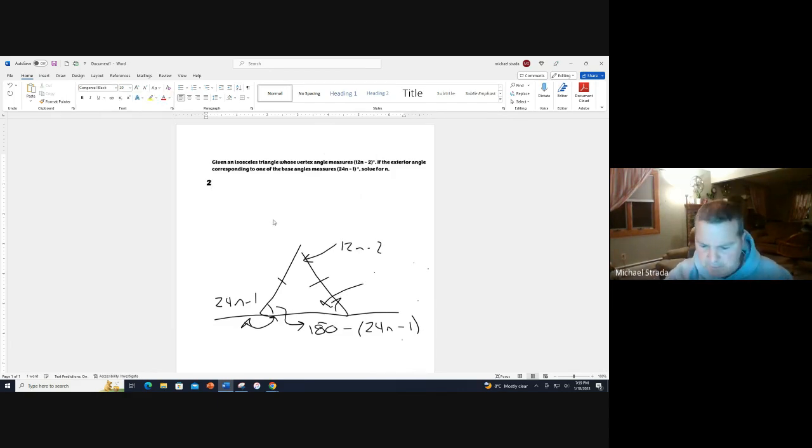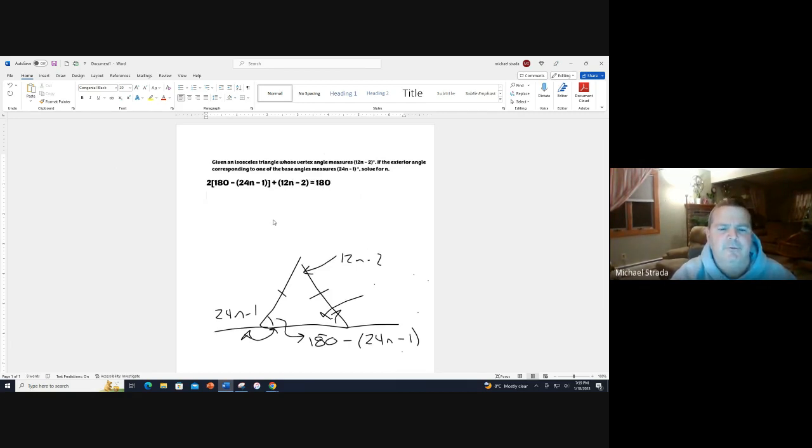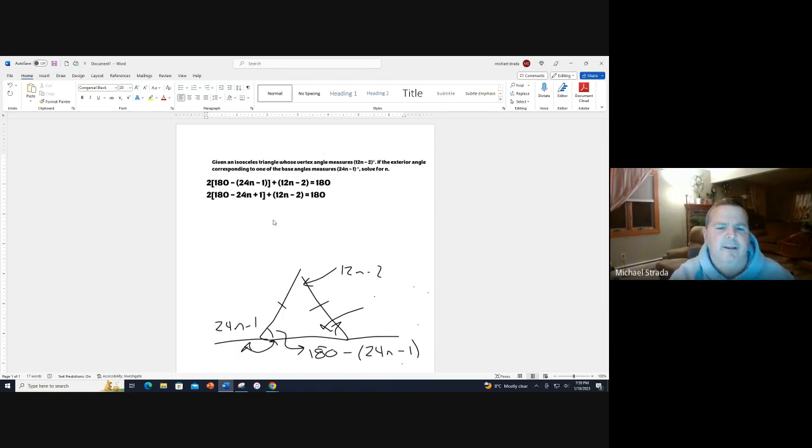So 2 times 180 minus 24n minus 1, plus the vertex angle, which is 12n minus 2, equals 180. So I'm going to distribute a little bit. 2 times 180 minus 24n plus 1, plus 12n minus 2 equals 180. I'm going to finish the distributing with the brackets.